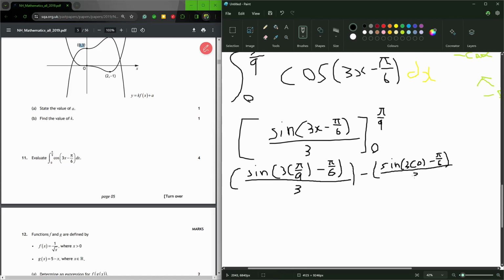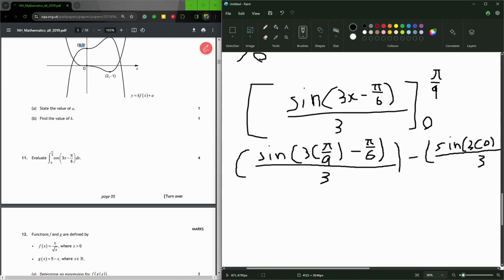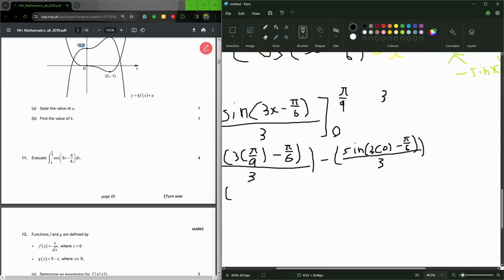And divide it all by 3. Okay, there we go. So now we just need to compute this. So yeah, no easy way to do this, but let's do the stuff that's inside first. So let's calculate the whole thing here. So 3 pi, because we're timing it by 3, over 9, right? I'm going to divide both sides by 3, because whatever you do to the numerator, you have to do to the denominator, right?